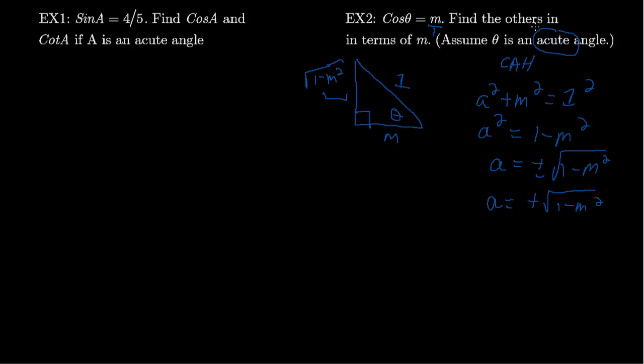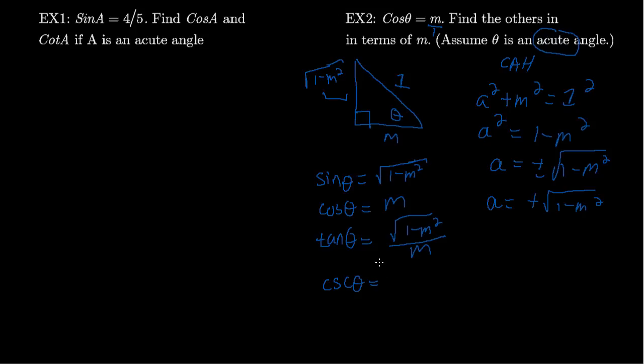And now I can find all the other trig functions because of my diagram. Sine theta, opposite over hypotenuse, square root of 1 minus m squared over 1. Cosine theta, adjacent over hypotenuse, m, that's the one I was given. Tangent theta, opposite over adjacent, square root of 1 minus m squared over m, and then the final three are just the reciprocal of the first three.